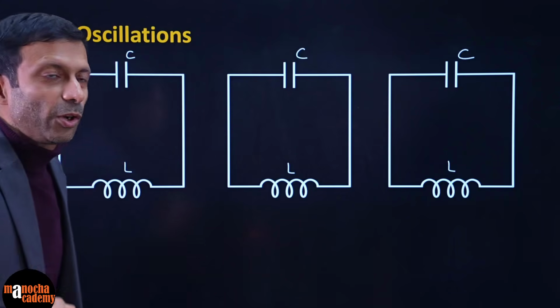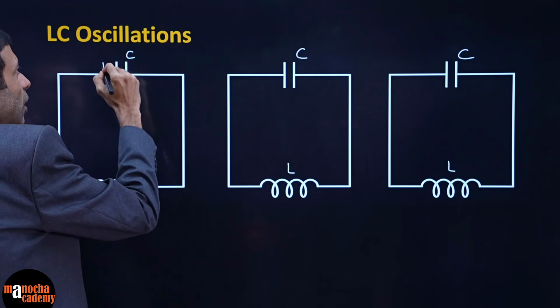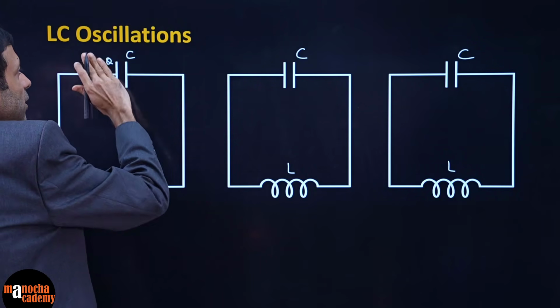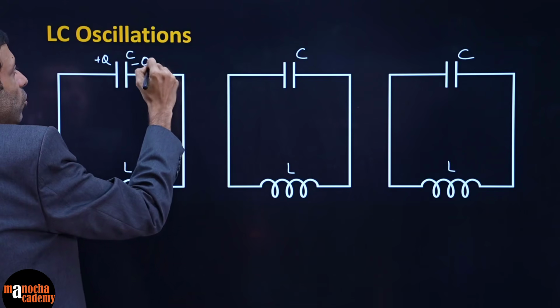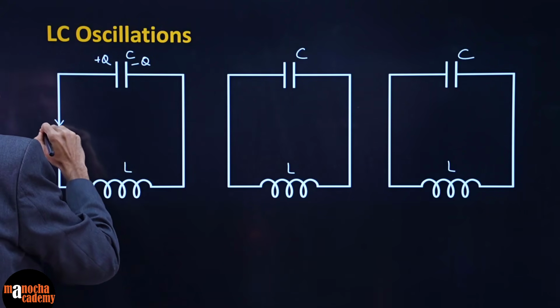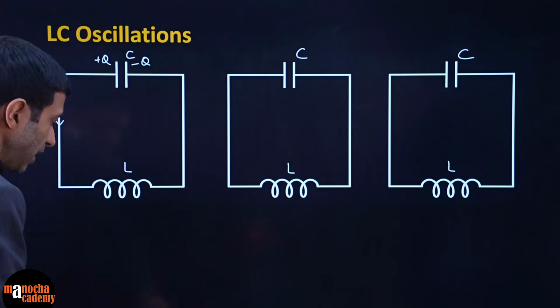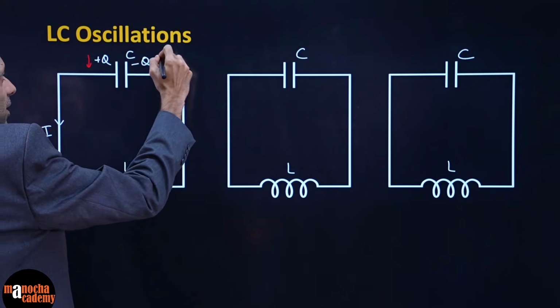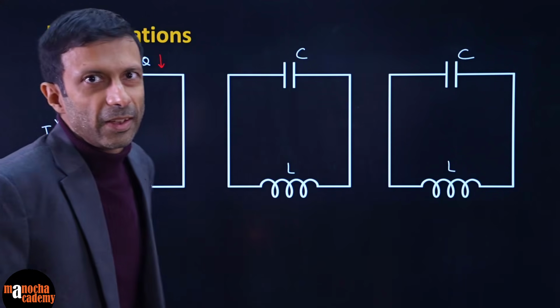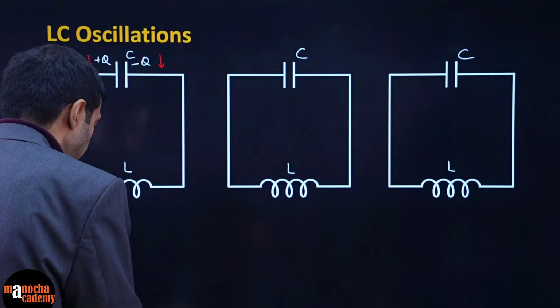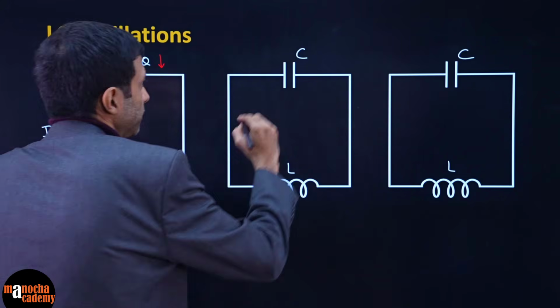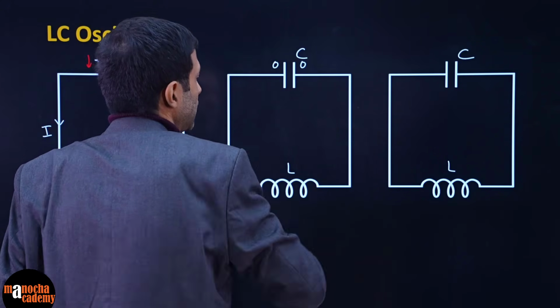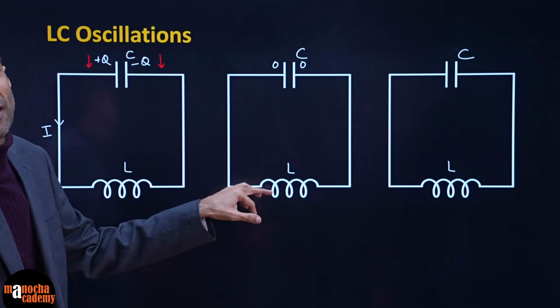And remember what is happening over here? When you start off with the charged capacitor having plus Q and minus Q, remember charge was flowing from it and the charge there was decreasing. So the charges will decrease. Yes or no? Charges will decrease, and then finally the charge will become zero over here. Capacitor will get zero charge, and then inductor runs the show.